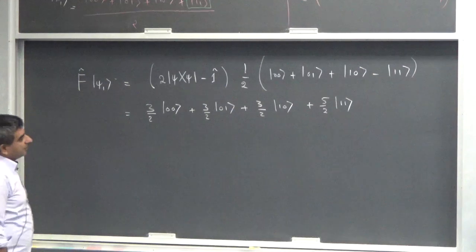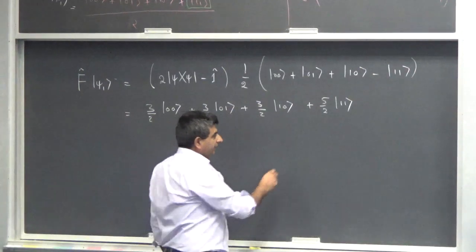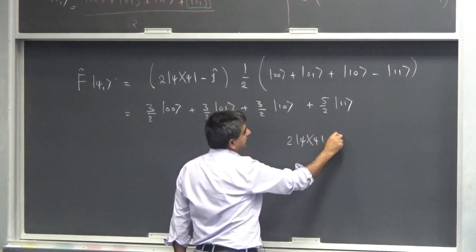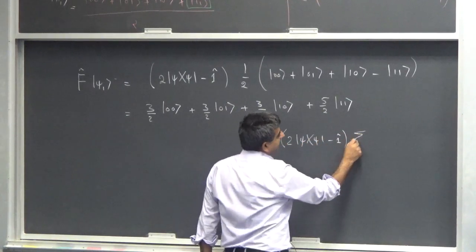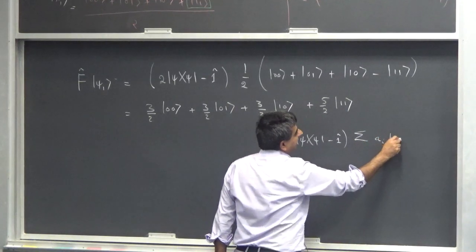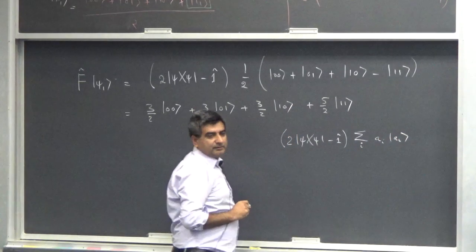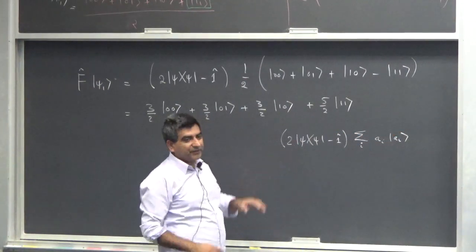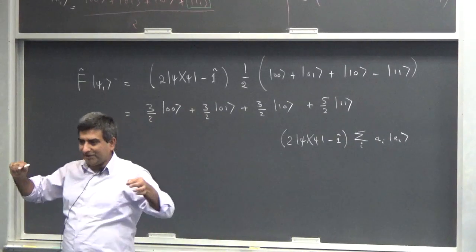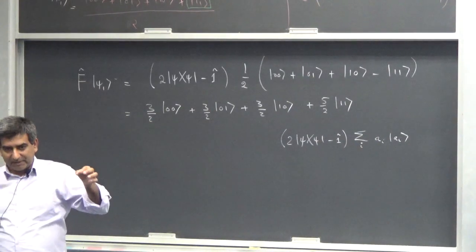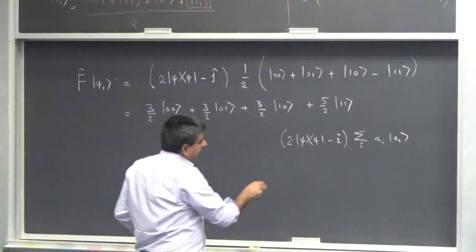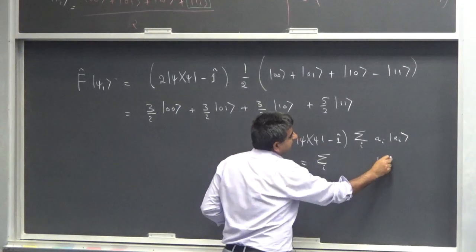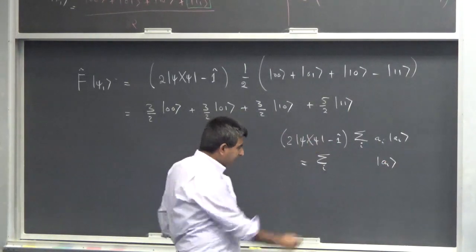Remember that we learned in our previous lecture that 2 times ket psi bra psi minus identity on some arbitrary state, sum of a_i ket i, where ket psi is an equal superposition of all the basis states, gives an outcome expressible in the same basis states, but the amplitudes change.